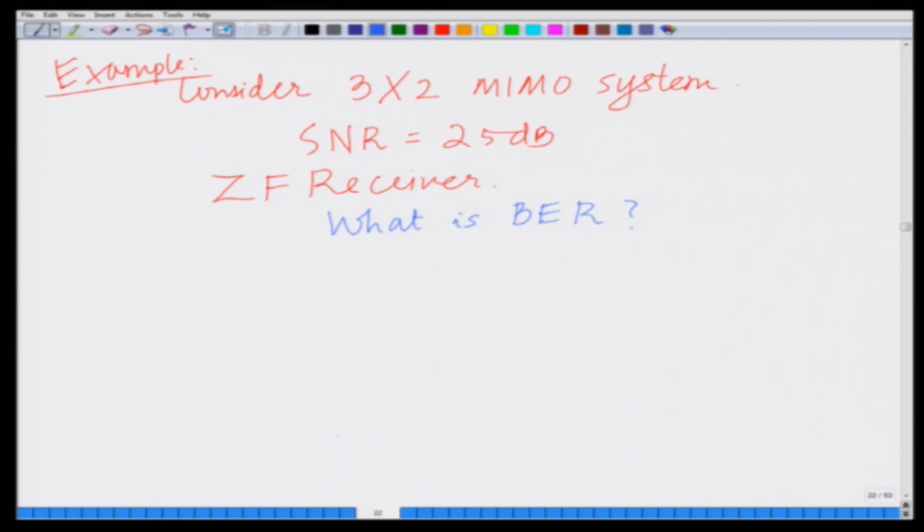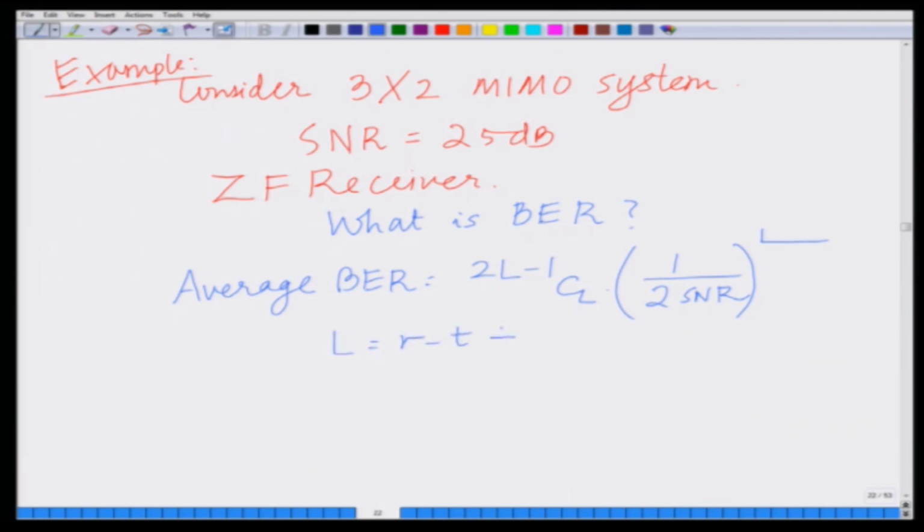We said the average bit error rate equals 2L minus 1 choose L, 1 by 2 SNR raised to the power of L, where L equals R minus T plus 1. In this case R is equal to 3, T is equal to 2. So, this is 3 minus 2 plus 1, which is equal to 2.